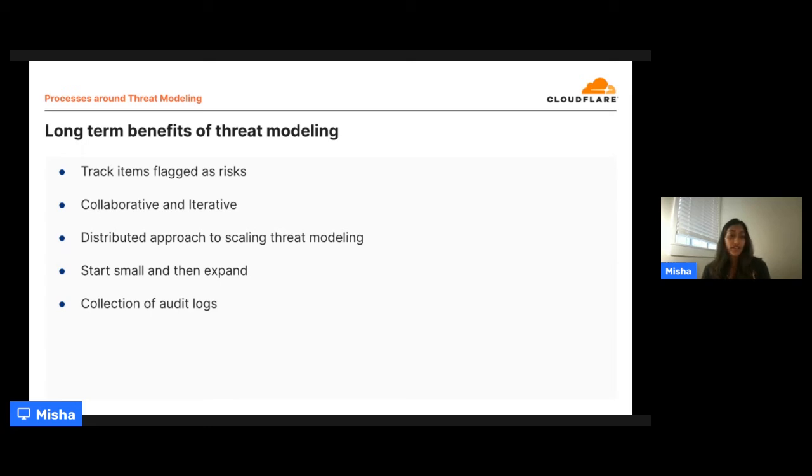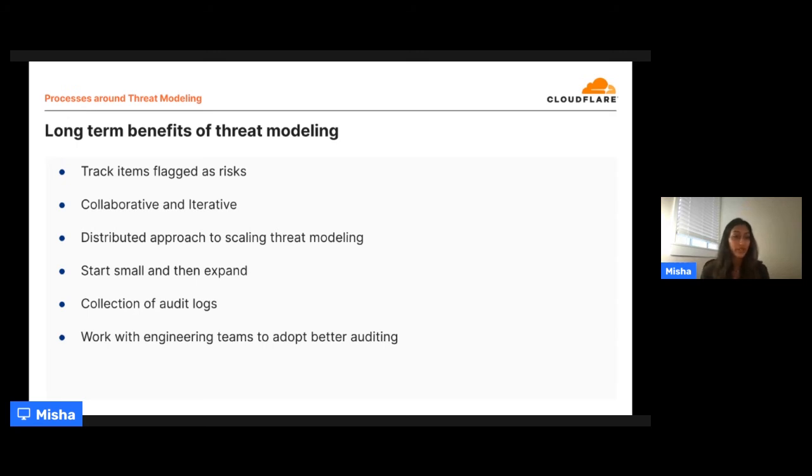And then collection of audit logs. No one really loves to work on certain things just for compliance. So I think this is a point that would help the long-term objectives of detection and response. Once you've identified a system that doesn't generate logs, and you're able to work with engineering teams to actually implement it, then that's a huge win, in my opinion, that you can build on in the years to come to make sure that you're enabling the D&R team.